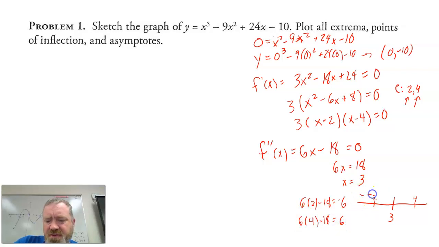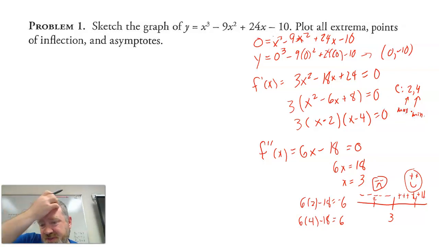So we're going to have concave down followed by concave up. That means that 4 is a minimum and 2 is a maximum.